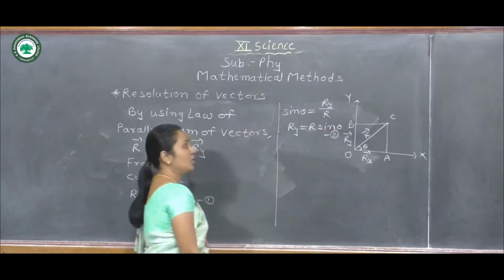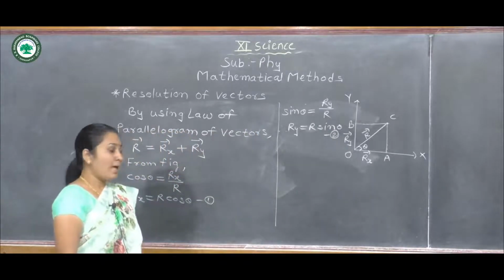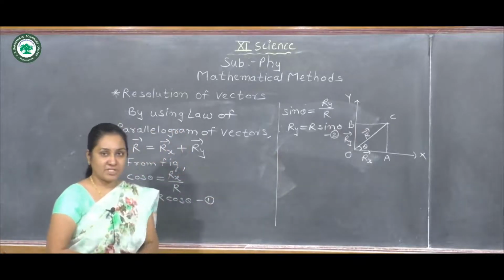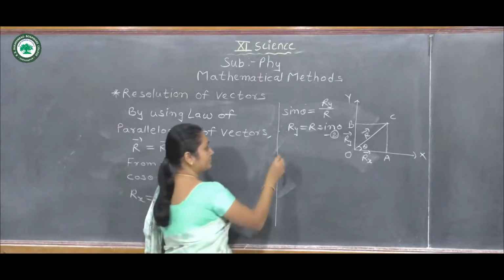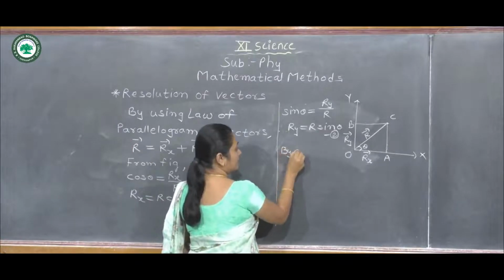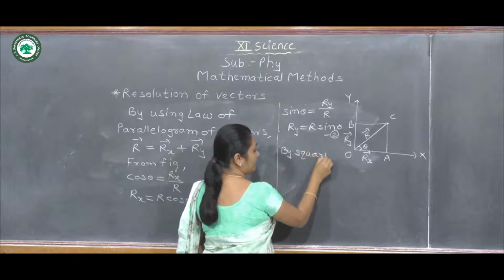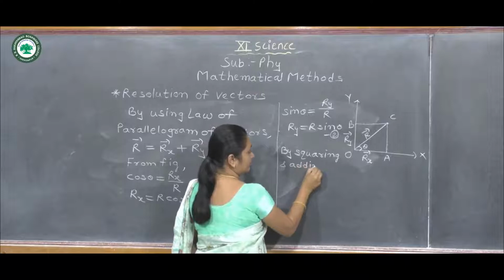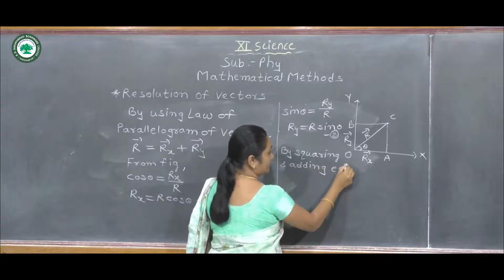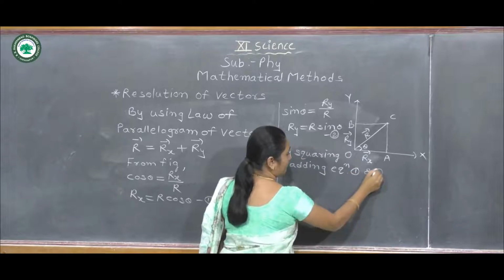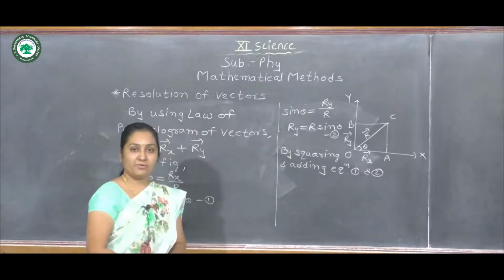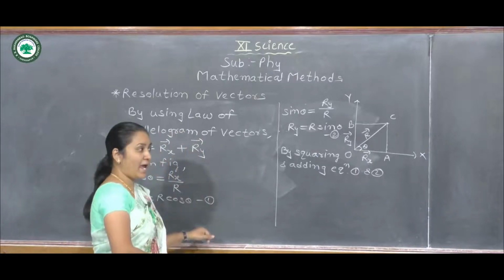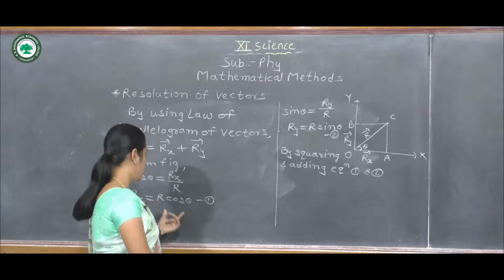This is equation 2. Now by squaring and adding equation 1 and equation 2, we will square and add these two equations.